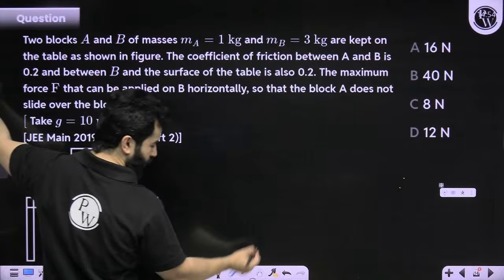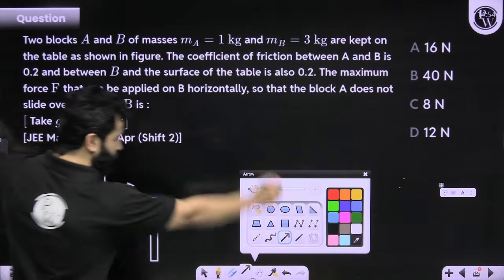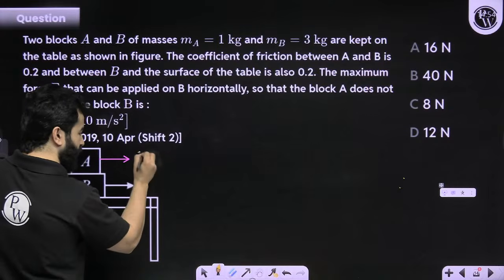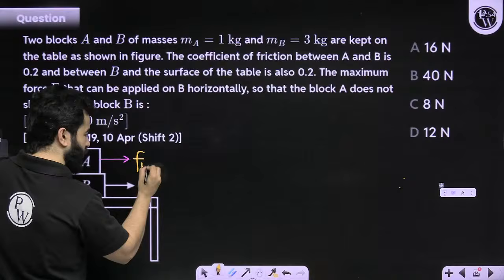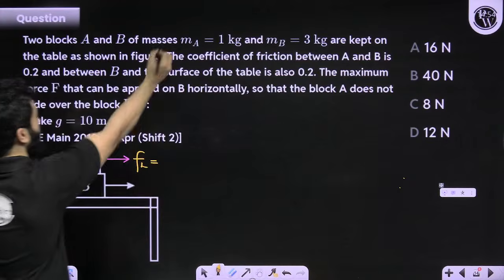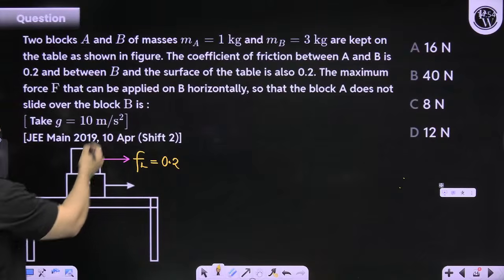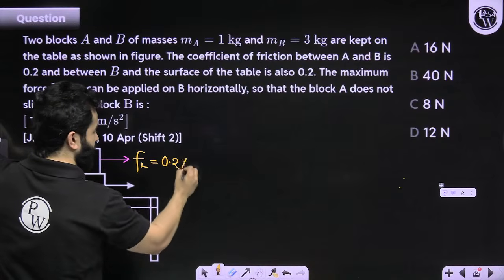If any student has any doubt, do let me know. Friction force will act in the forward direction, and the maximum value will be mu, that is 0.2, times mass 1 kilogram times g, that means 10.